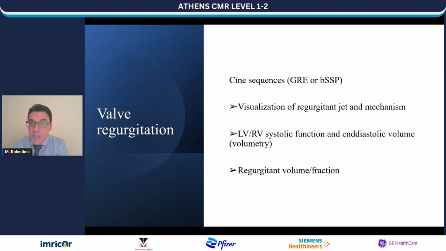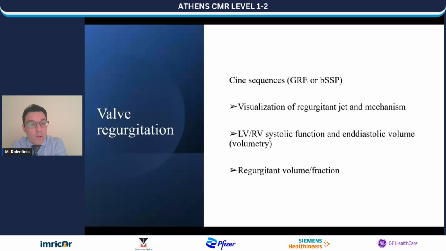What about valve regurgitations? When assessing valve regurgitation, it's very important to have a visualization of the function. So that's why we use cine sequences in order to clearly see the regurgitation jet and mechanism. Sometimes we use typical gradient echo sequences, because they show better the regurgitant jet.